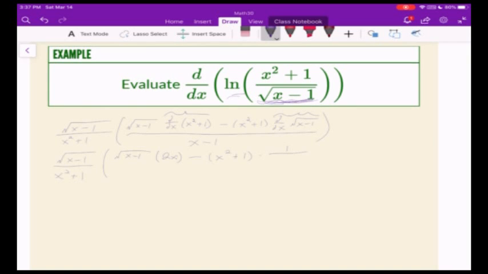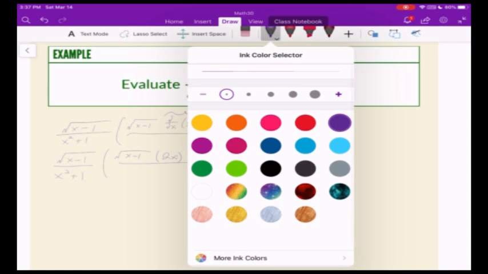Inside, derivative of x squared plus 1, of course it's just 2x, and the derivative of square root of x minus 1, that is 1 over 2 root x minus 1, and then the chain rule would say, okay, now multiply times the derivative of x minus 1, the inside of the square root, but that's just 1. So we'll leave it. This is x minus 1.